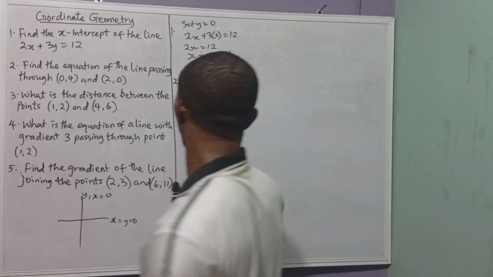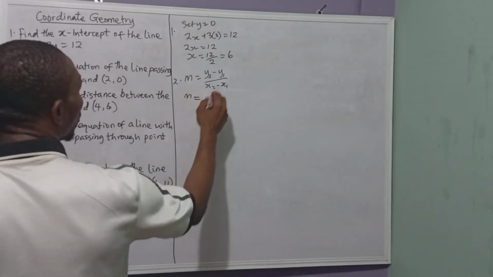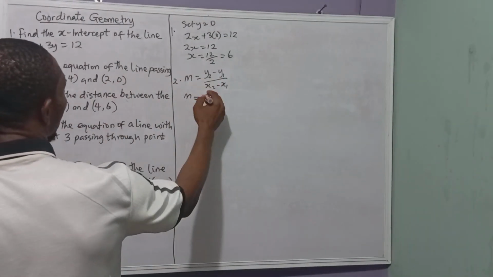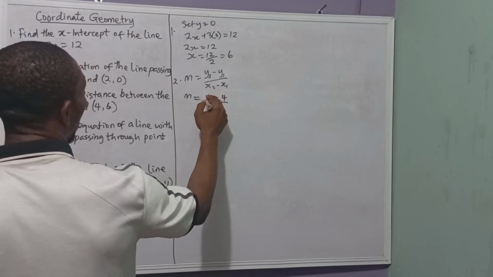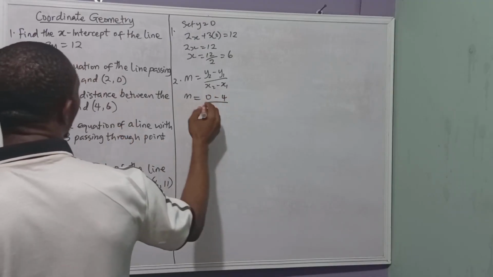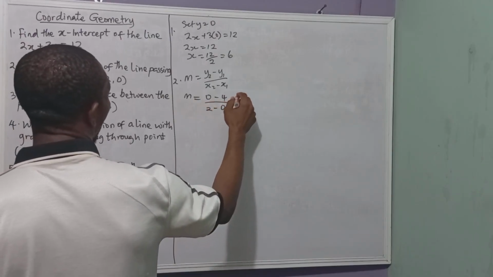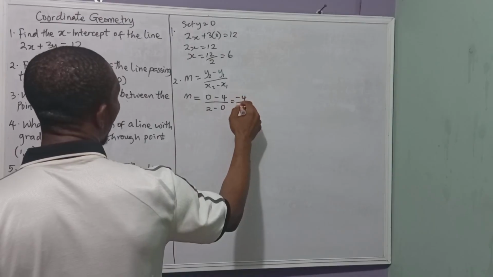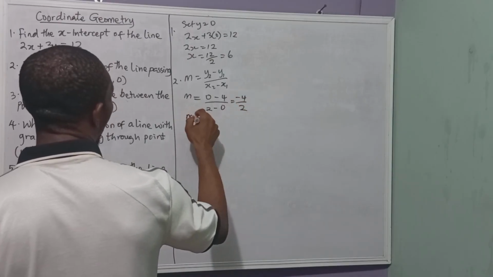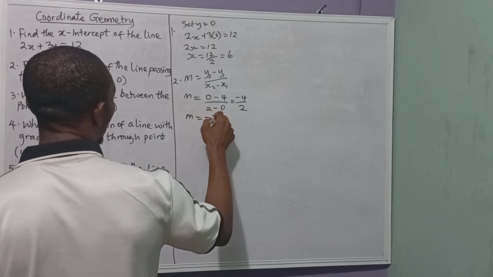From here we have our m to be y2, which is 0, minus 4, all over our x2, which is 2, minus 0. That gives us minus 4 over 2. So our m, which is our gradient, is minus 2.